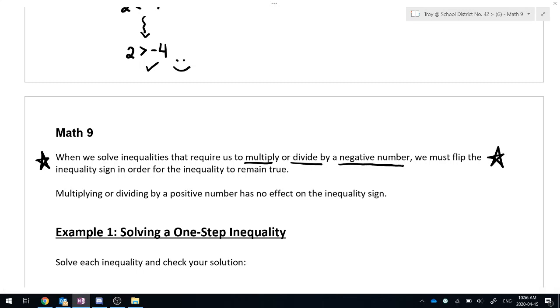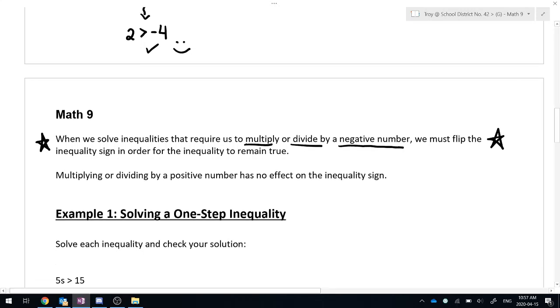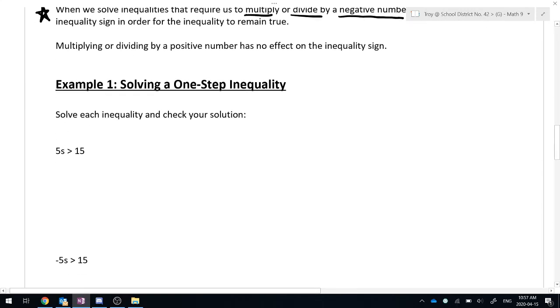If you forget to flip it, you'll get the question wrong. Okay? If you're multiplying or dividing by a positive number, nothing happens, it's fine. You don't have to do anything. This is only when you multiply or divide by a negative number. I'm also going to say if you have to add or subtract by a negative number, that's fine. This rule only applies with multiplication and division. Okay? So let's do a few examples.